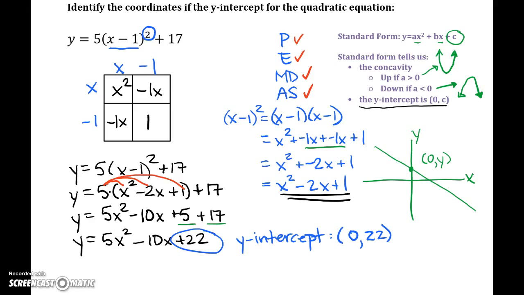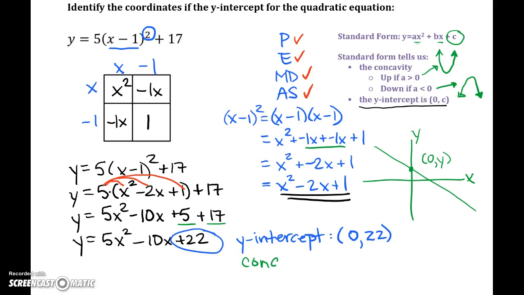Now, again, going back over to the information we gave before, we can also mention the concavity. And the concavity of our equation, looking at either the original one up here or looking at the one down here, we can see that our leading coefficient is a 5.